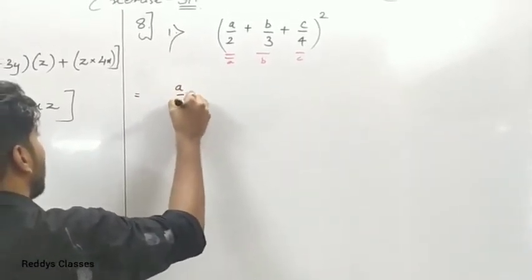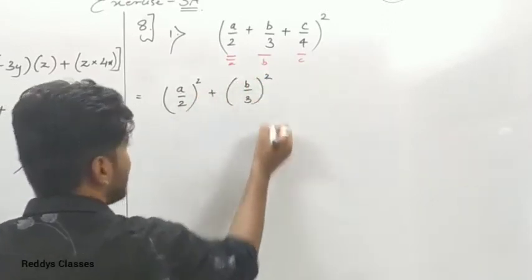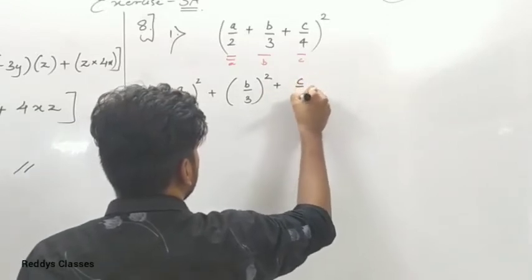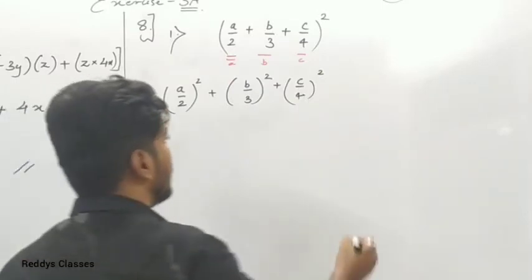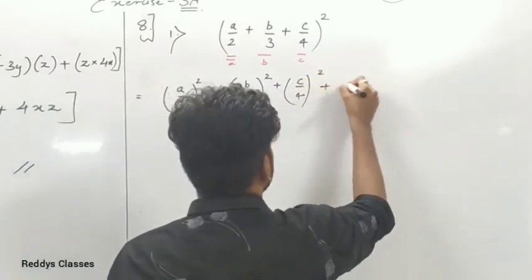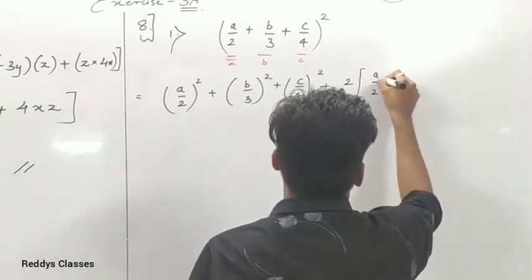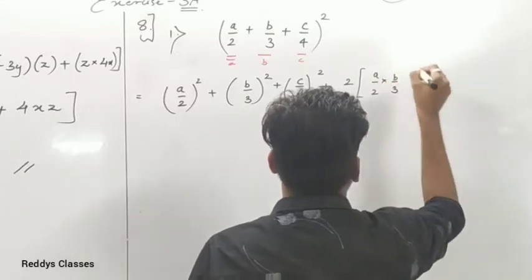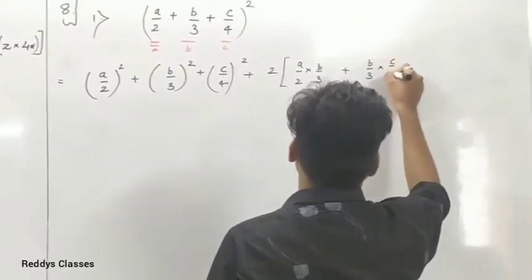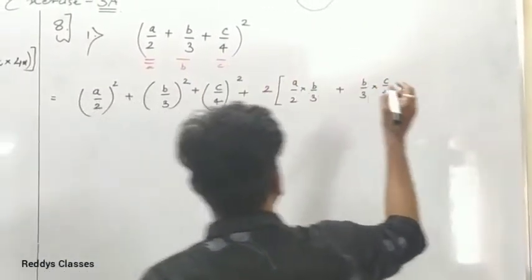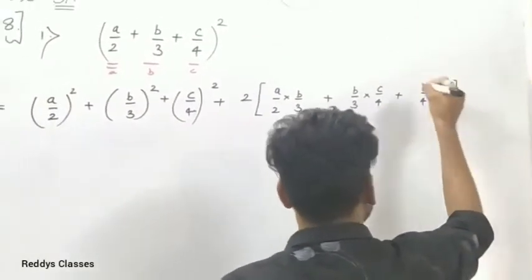See, a upon 2 square, a square plus b square plus c square, a square plus b square plus c square plus 2 into ab, a upon 2 into b upon 3, plus bc, that is b upon 3 multiplied by c upon 4, plus ca, that is c upon 4 into a upon 2, bracket close.